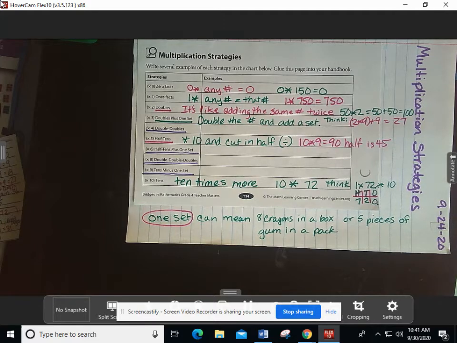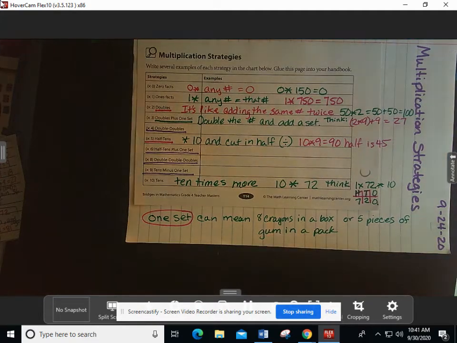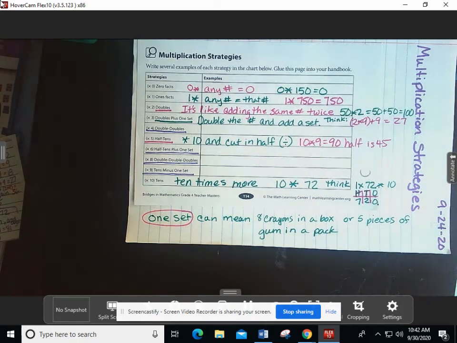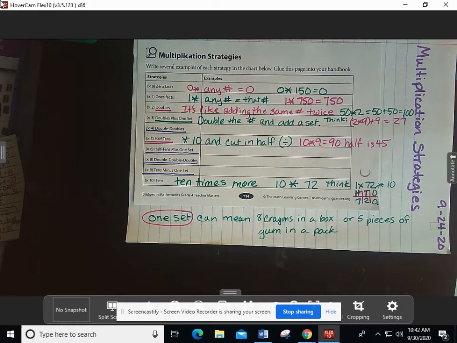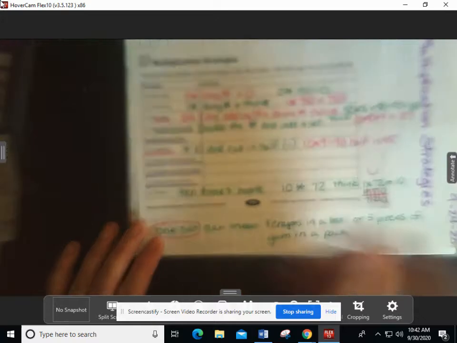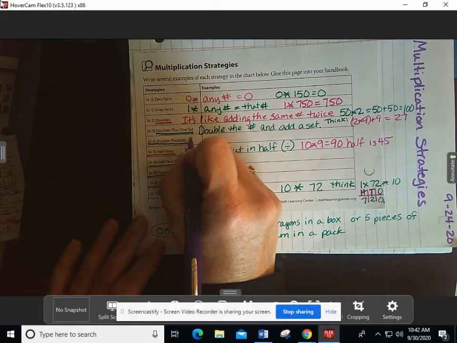Okay, double doubles. What does it mean if we're doing a double double? Oh, double double double? No, just double double. Adrian's going to try. Yes? It's doubling a double. It is. That's right.